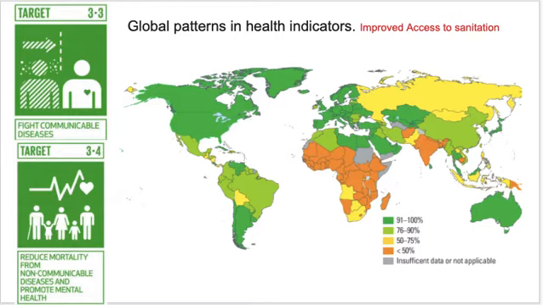Another global health indicator could be the access to improved sanitation. Again, we can see these trends, and none of them are particularly surprising. Those countries that have the lowest access to safe water and sanitation are dominated by sub-Saharan Africa and the Indian subcontinent.